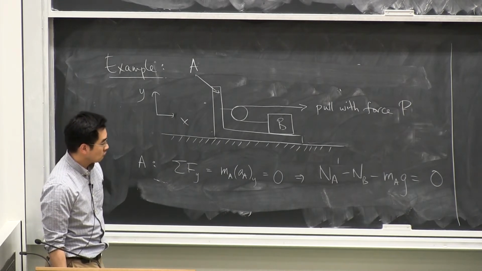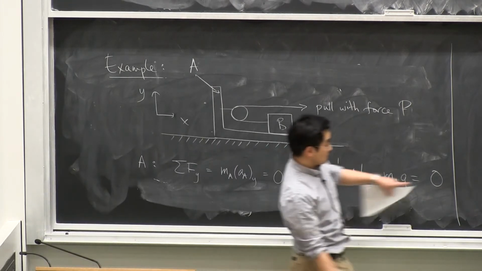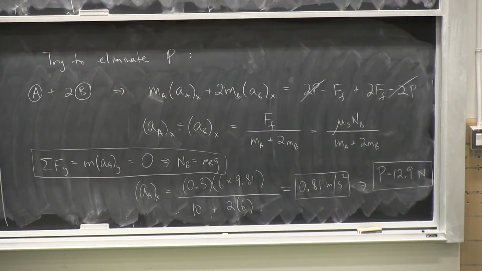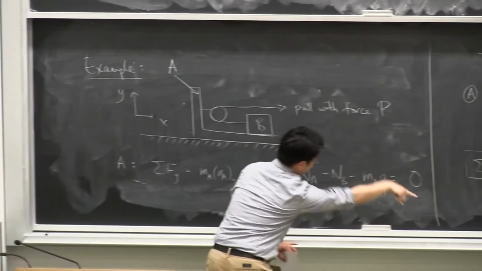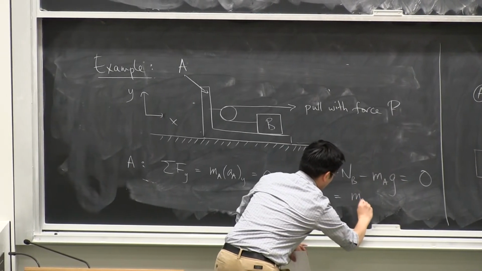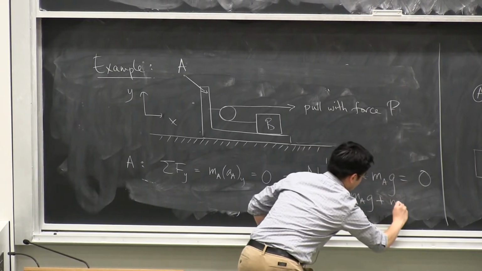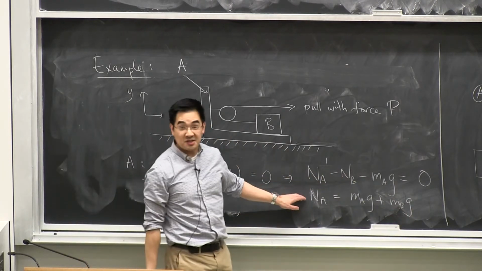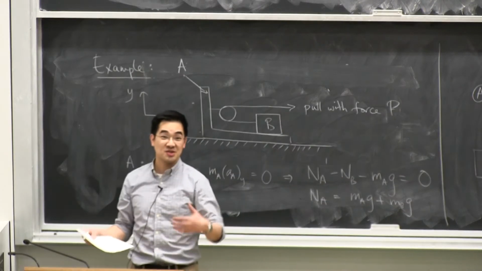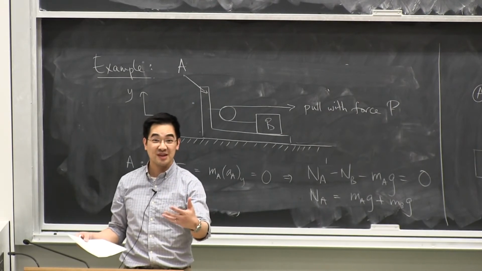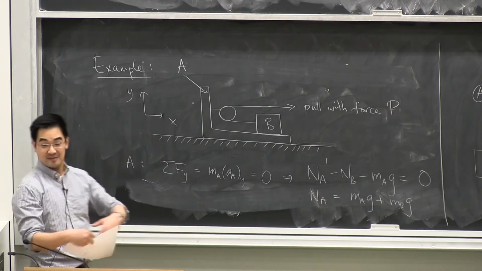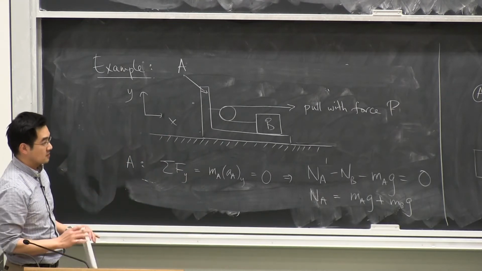But NB is obtained from this one. So NA must be equal to, moving both of these over to that side, MAG plus MBG. That makes a lot of sense because the normal force is just the force of the surface acting opposite the weight of both of the objects. So everything works out and everything balances.